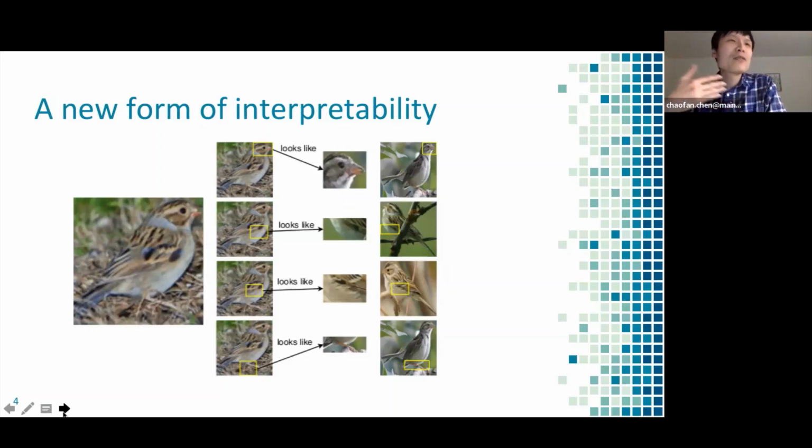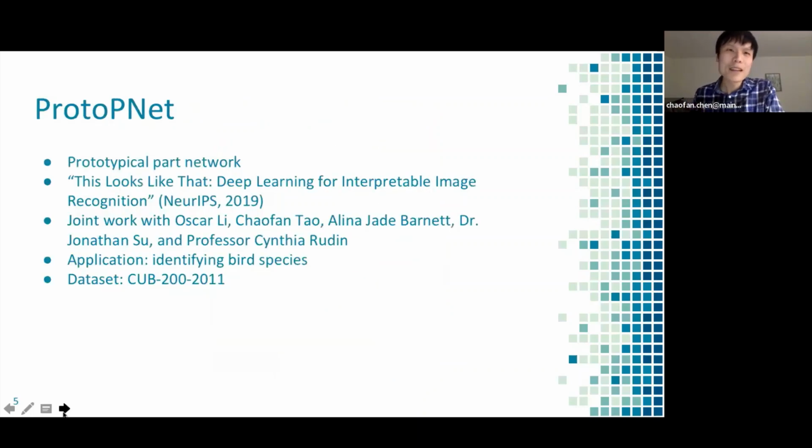But the question here is really how we can formalize this process using, say, a deep neural network or any deep learning model. And this brings us to my first work in this area, which is known as the prototypical part network. And this is from this paper from NeurIPS 2019.